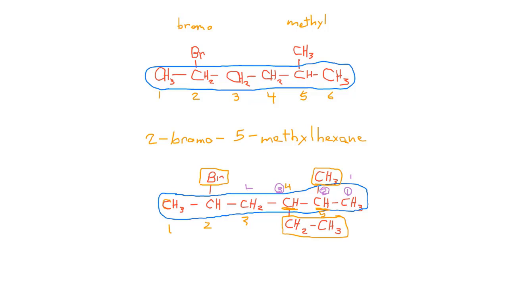So this is going to have to be numbered like this: 1, 2, 3, 4, 5, 6. So I only go to that third level of priority if the numbering would be the same either way. In this case, the numbering is different. I'm going to take off these orange numbers because those are not correct.